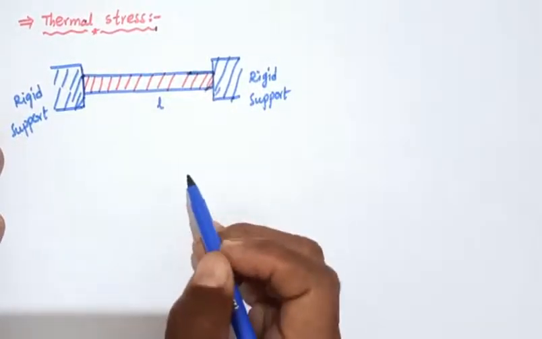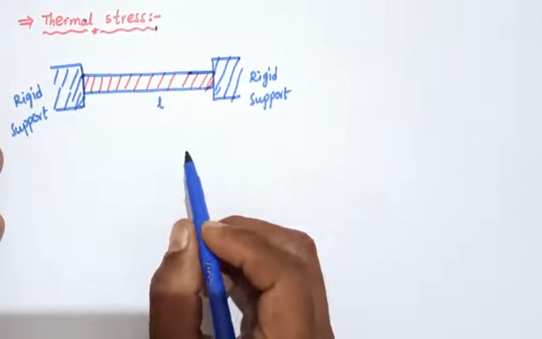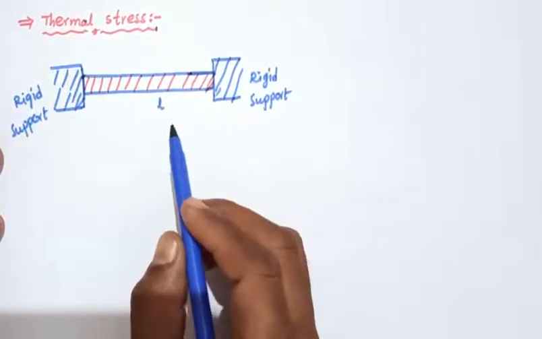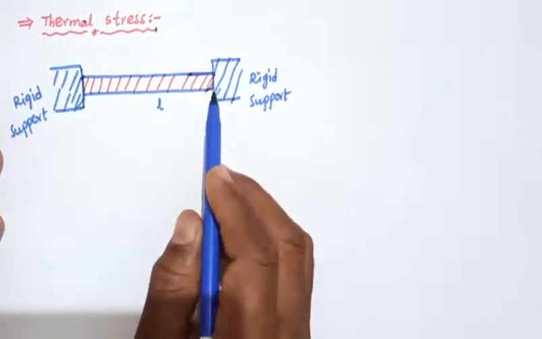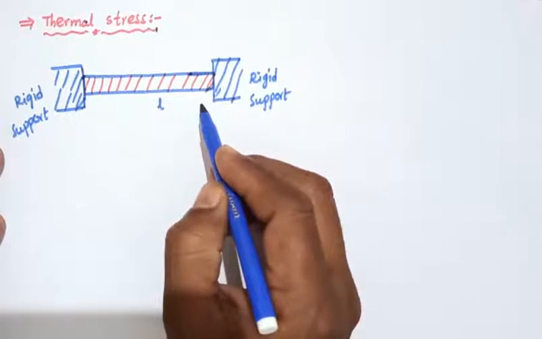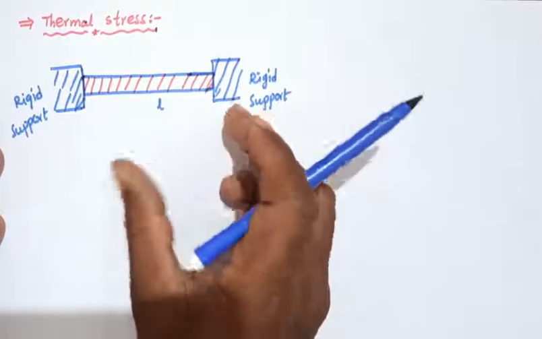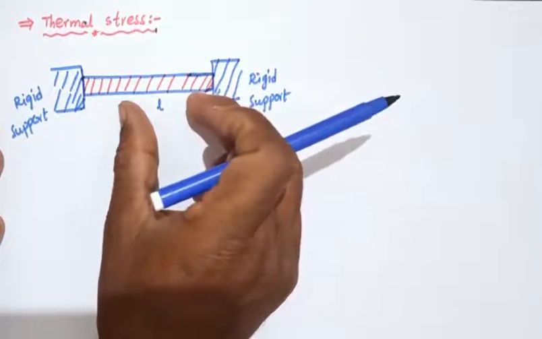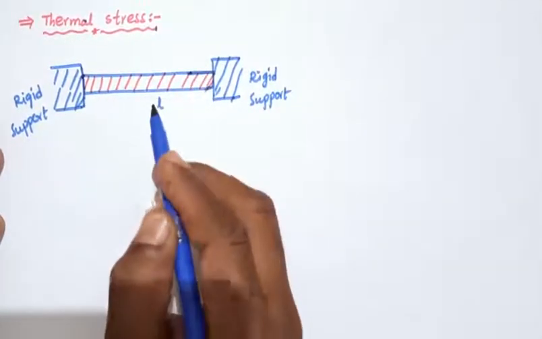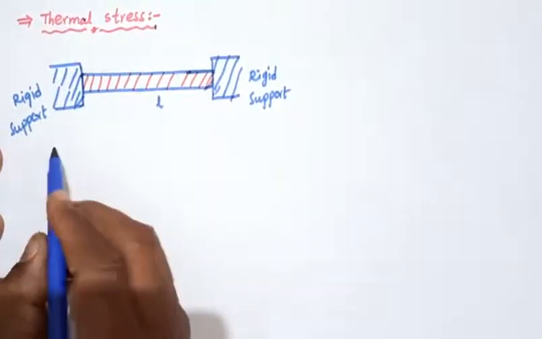So compressive strain is due to the external forces provided by the rigid supports at both ends. The corresponding stress set up in the rod is called the thermal stress.